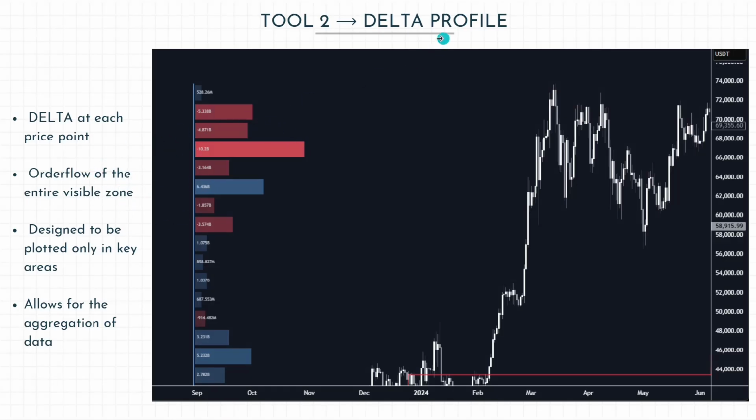Delta profiles will show you order flow of the entire visible range. They're designed to be plotted only at key areas, and they allow for the aggregation of data. This is important. We know that futures, especially ES and NQ, operate in intervals of quarters, every 25 cents, right?